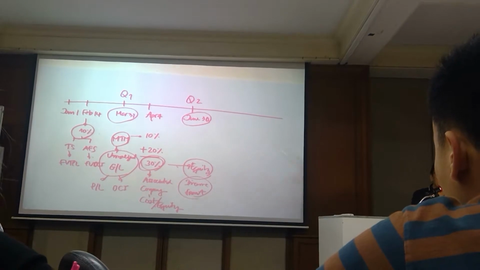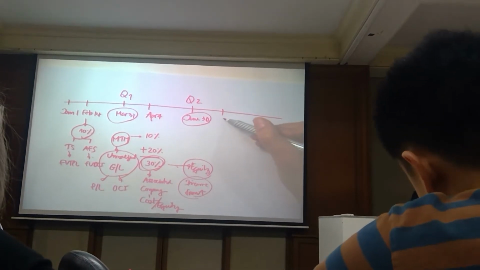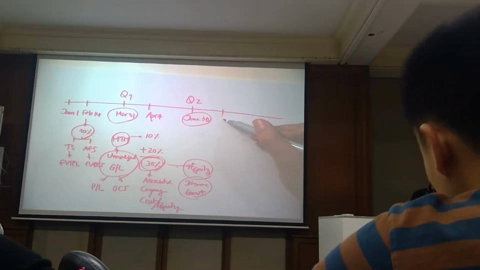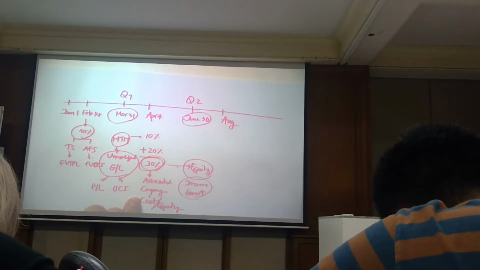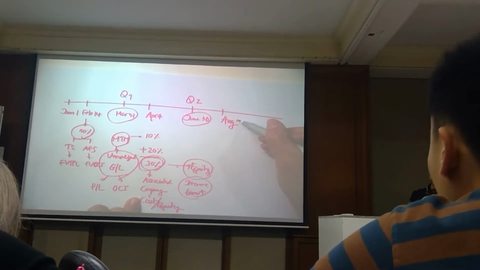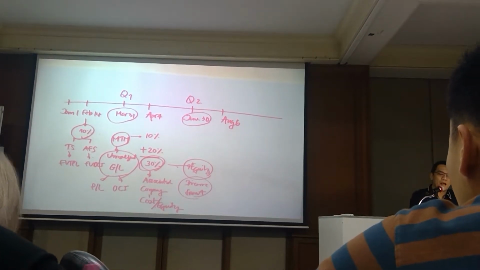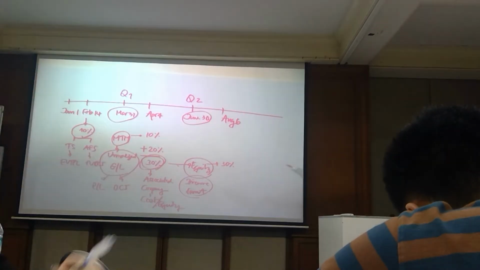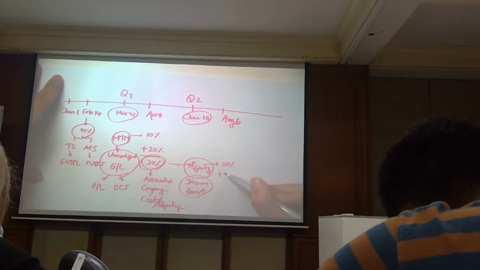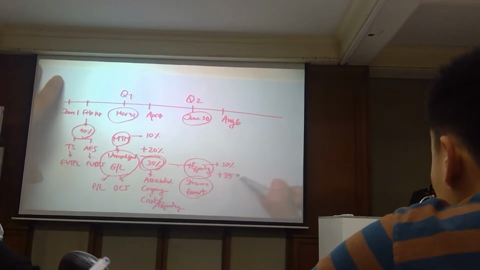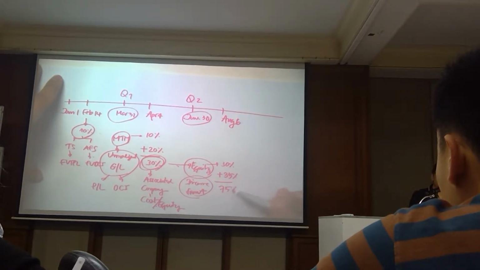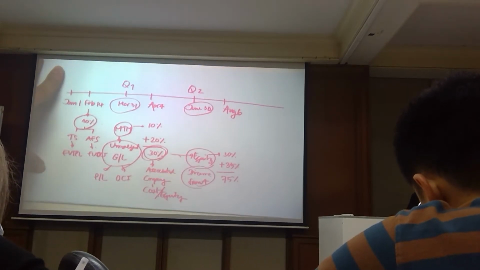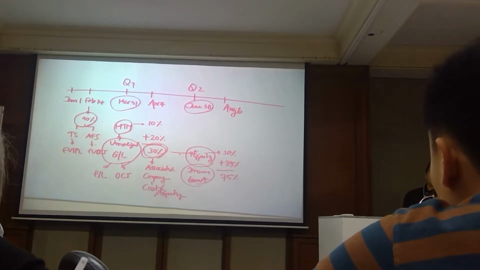All right? Let's say on August 6th, for example, you still carry 30%, then you buy more, another 35%, turning to 65%... to be 75%? Let's say you reach 75%. What is the implication in this case?